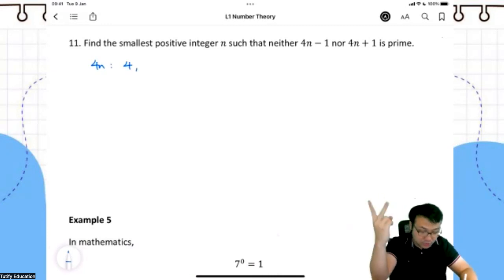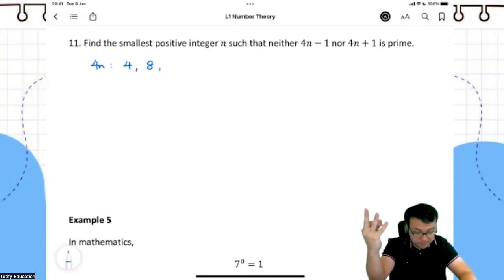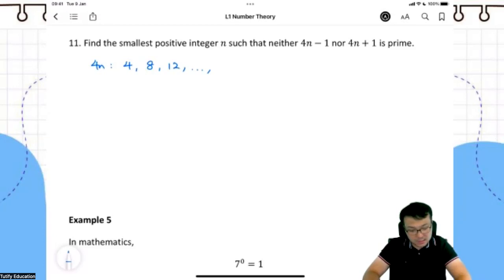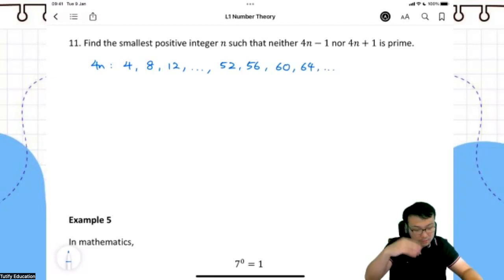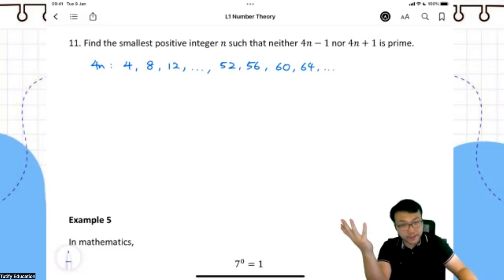If n equals 2, then 4n will be 4 times 2. If n equals 3, then 4n is 4 times 3. So you can go on and on and on. I do not know what is n. These are just some possibilities, okay? I'm just writing down some possibilities. It depends on what is n, right?